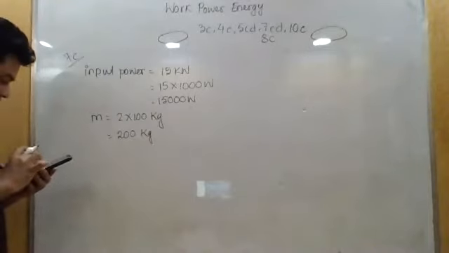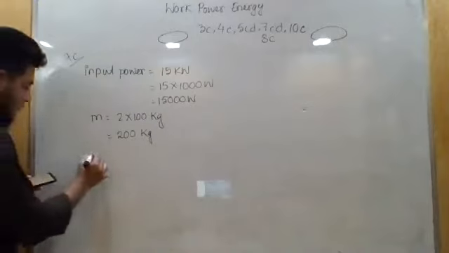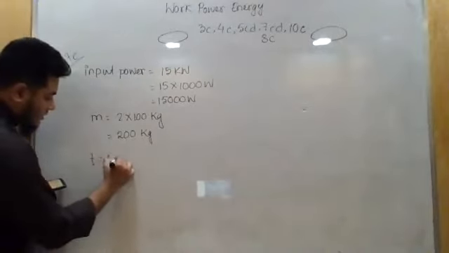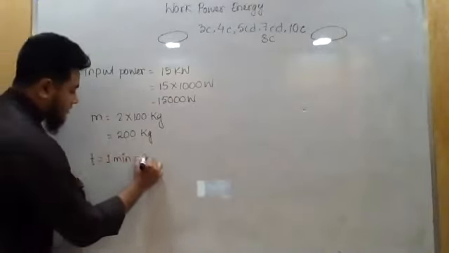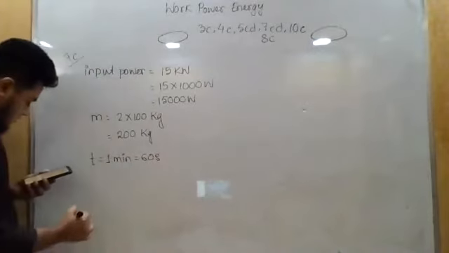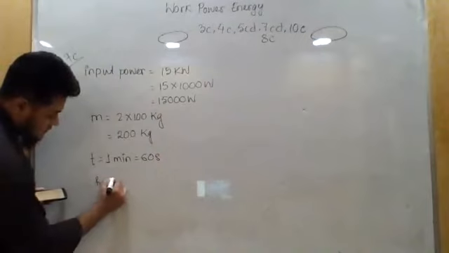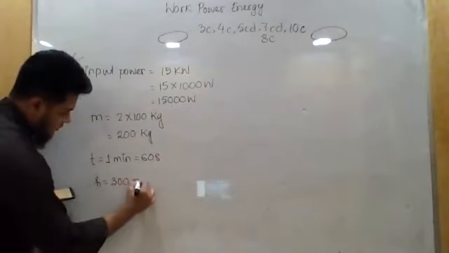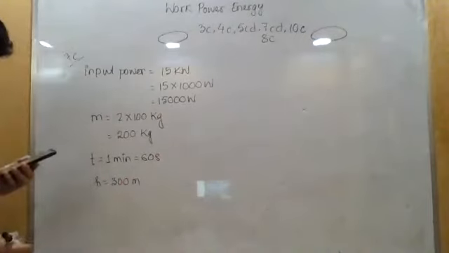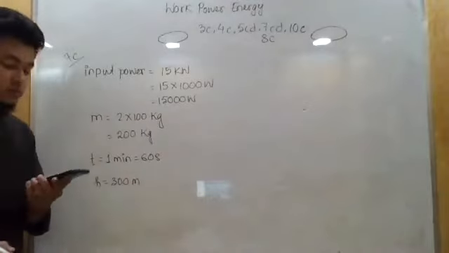Okay, then what we have, in 1 minute, time is given as 1 minute, that is 60 seconds, to a height of 300 meter. Height is 300 meter. So what they have told to calculate, what is the effective power of the motor?